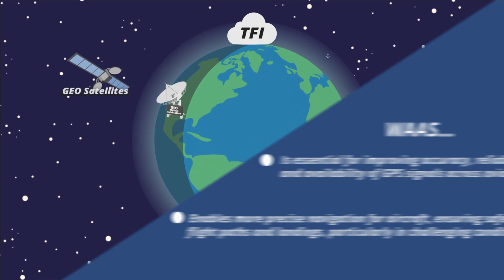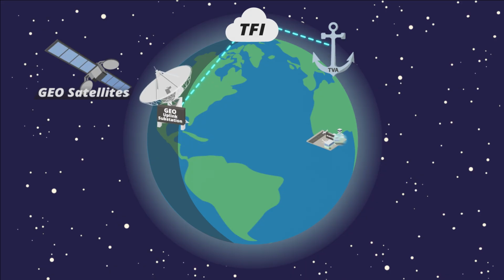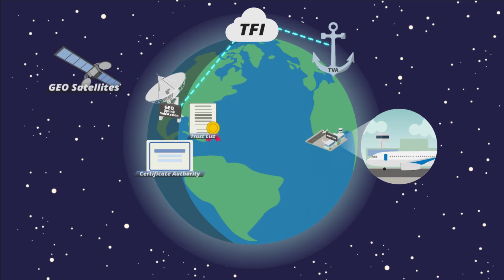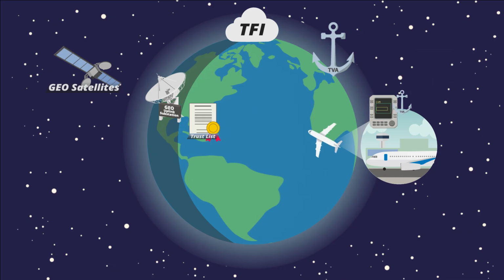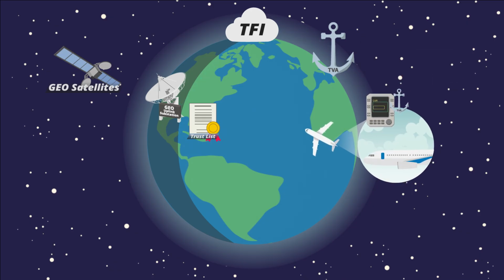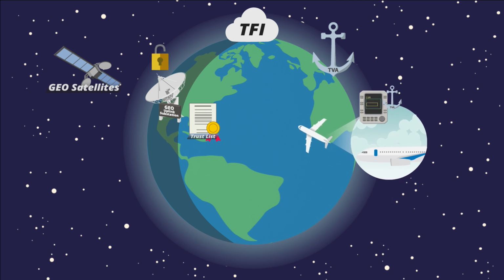WAS depends on high-integrity data being transmitted from satellites to ground stations and aircraft. The aircraft radio requires a valid certificate revocation list and a ground station CA certificate obtained from the TVA. The Trust Framework ensures that navigation data remains uncompromised from the source to the user.